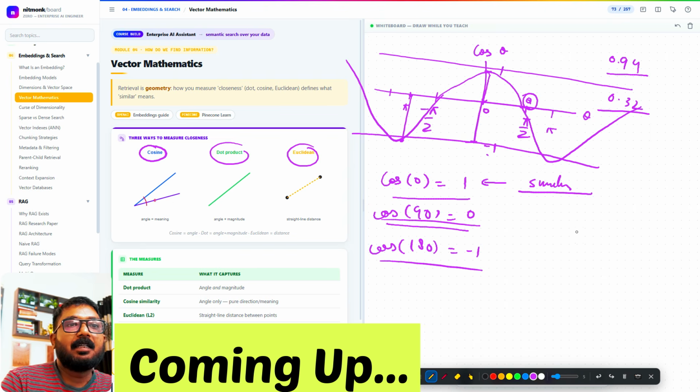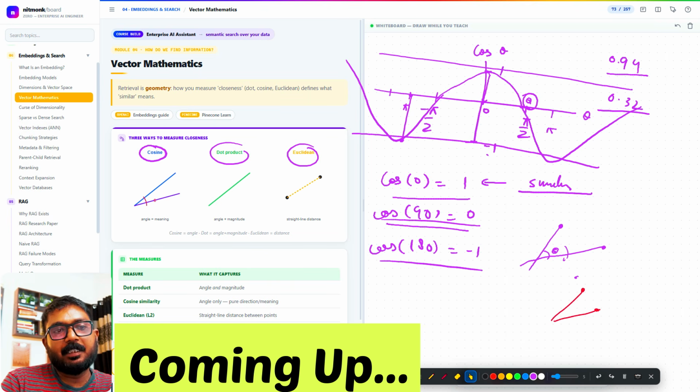If you try to imagine two vectors in the vector space, just imagine these two like dots. If you connect them, there is this angle theta. Imagine the theta decreases. If I try to decrease the theta, these two come very close.